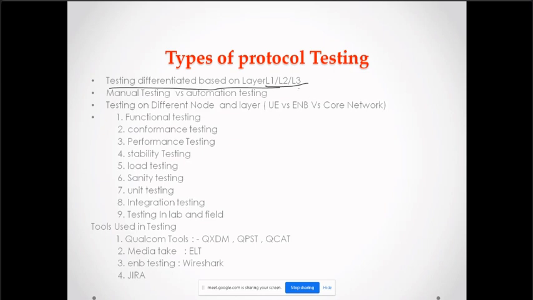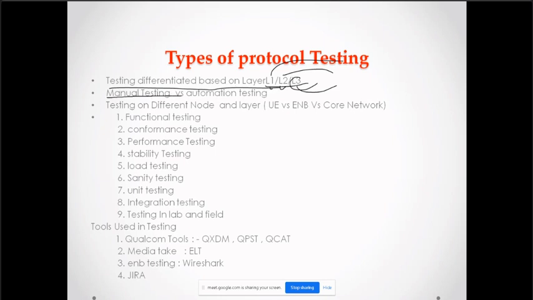Suppose we have these three layers and I want to verify all the functionalities of these three layers. Then a company may have three teams. Suppose someone is working on L3, someone on L2, someone on L1. These teams are responsible for verifying the functionalities of these three layers. So that's how we can differentiate the testing.